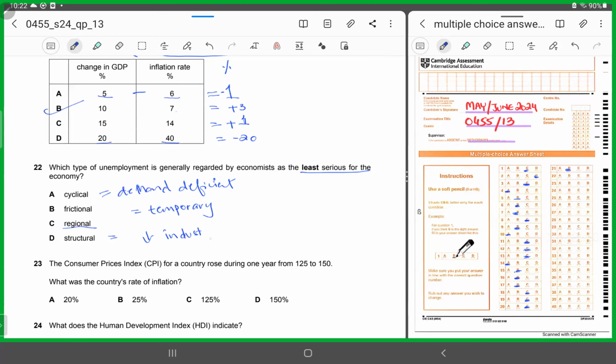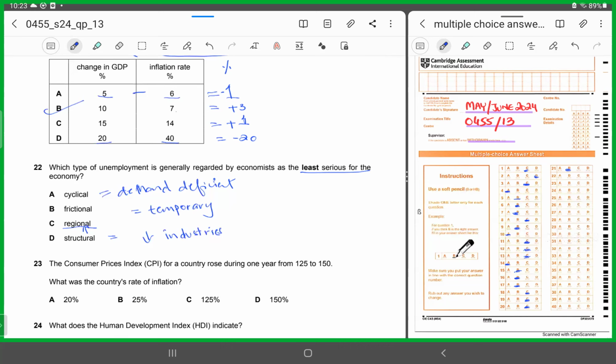Or a particular occupation. So it's arising from long-term changes in demand and supply. And regional unemployment is a part of structural unemployment. It is unemployment caused by a decline in jobs in a particular geographical location, in a particular area of the country.